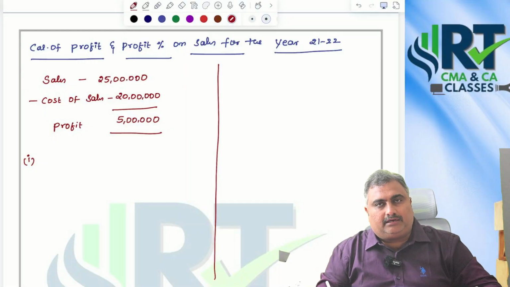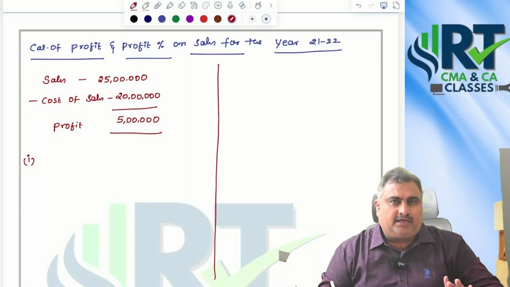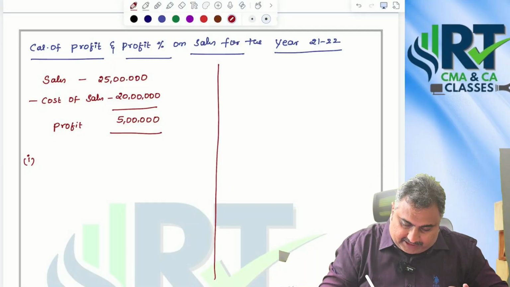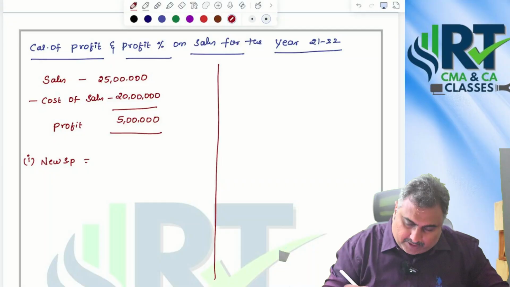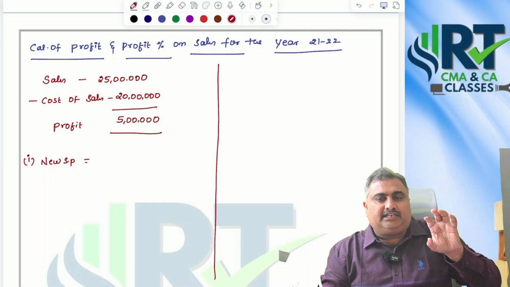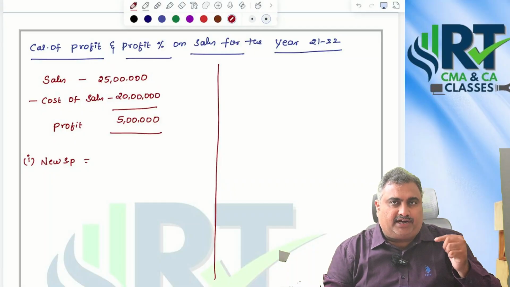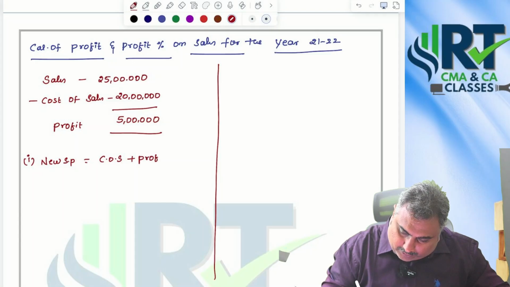First bit, what they said: 5 lakhs, the same amount of profit they earned under 21-22, they want to go with the same profit. But what they are asking is the new selling price. How to get the selling price? Sales divided by number of units. How to find out the sales? Cost of sales plus profit, divided by number of units.